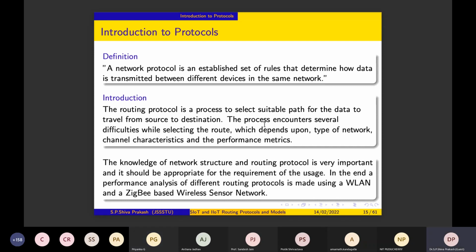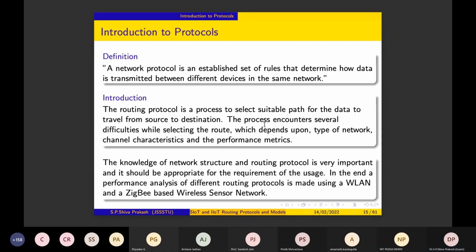So while finding or identifying the route, it possesses several difficulties. That basically depends on the type of network that you are using, the channel characteristics, and also the performance metrics.